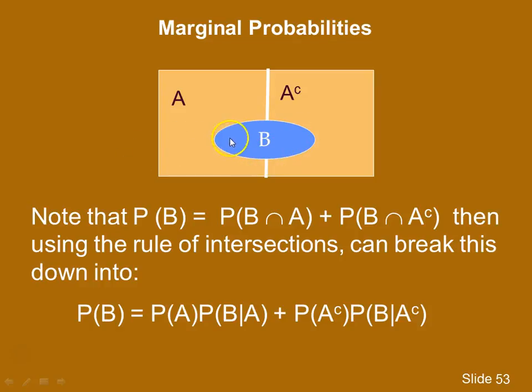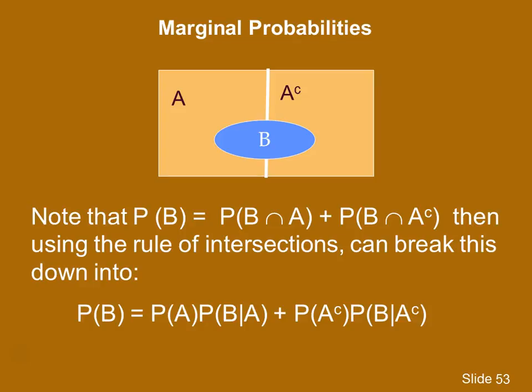B intersects A over here on the left side of that line, and B intersects A complement over here. And if you added those two intersections together, you get B. So that's where we're going to start. Let's write an equation here. The probability of B is the sum of two intersections: B intersects A, and B intersects A complement.